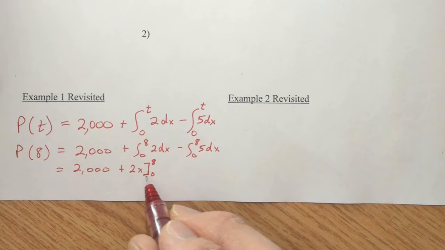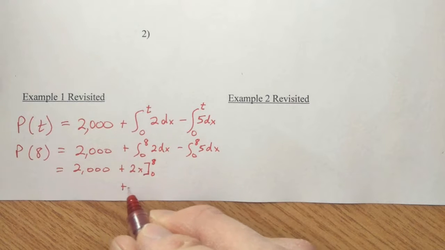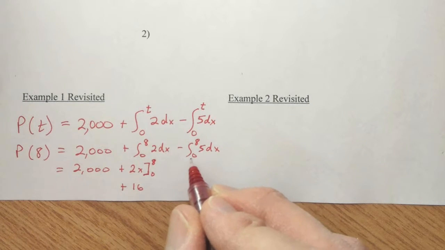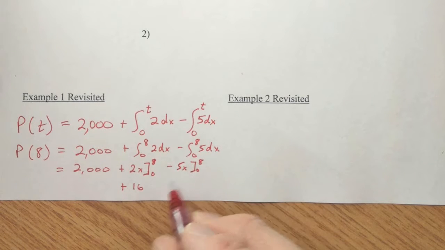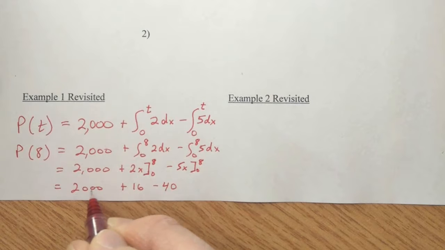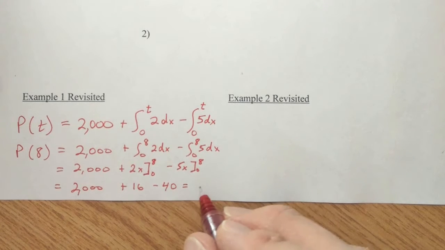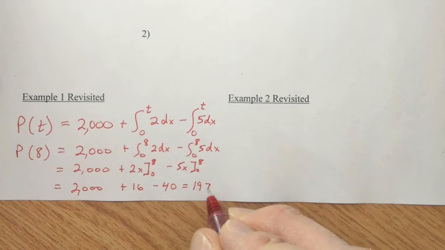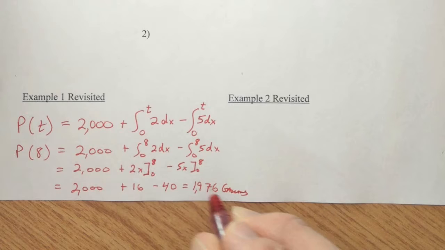Plugging in 0 gives no value, and when we plug in 8, we get 16. Then this becomes 5x, also evaluated from 0 to 8, which gives us minus 40. So we end up with 2,000 plus 16 minus 40, which brings us down to the 1976 that you got as your answer the first time around.